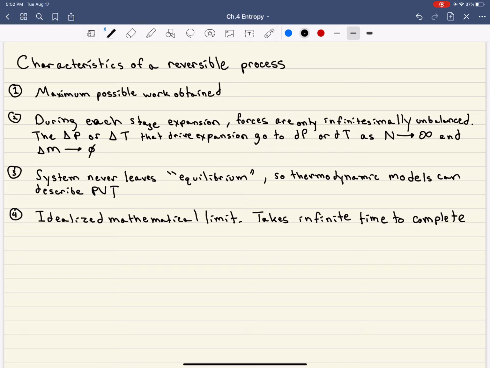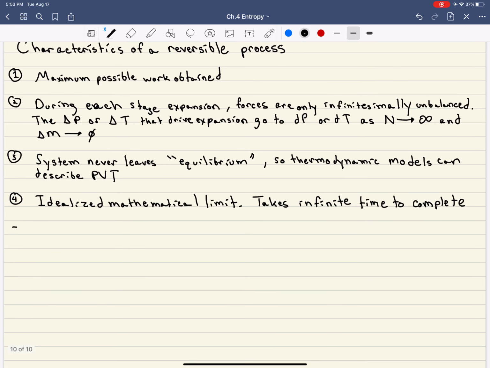And so while reversible processes allow you to extract as much work as possible from your system, they're not practical. You can't actually perform them. And one consequence of that is that all the processes we deal with in real life are not reversible. In fact, they're going to be very irreversible.